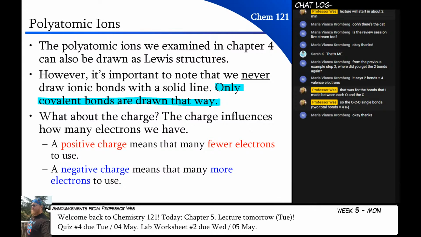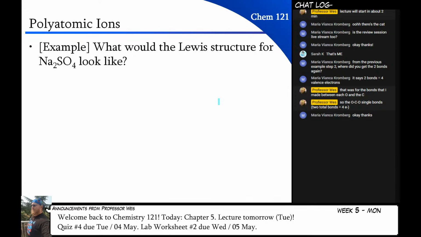We already talked about how a positive charge influences the number of valence electrons you have, and the negative also does that too. So what we're going to do is draw the Lewis structure for this compound right here, Na2SO4. The way that this works is we first need to break this into the ions that are present. So you need to find the polyatomic ion, which is on that sheet at the beginning of Unit 4.